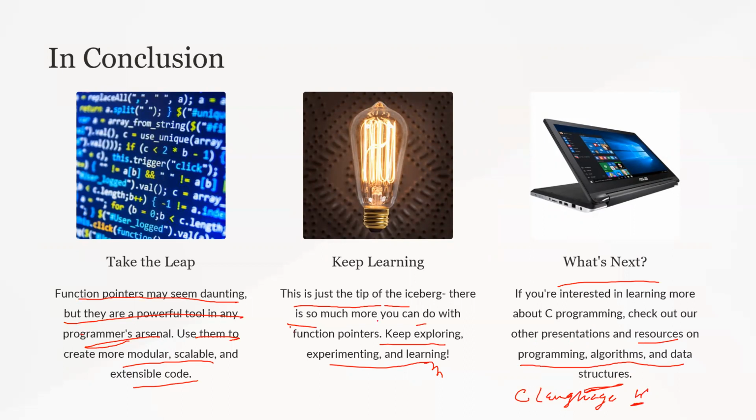This is a building block. Why? Because without functions, what is the point? First comes the pointer, then function pointer, then pointer to an object. So there are multiple things. And using pointers, we can create multiple types of data structures also. Right? So we need to keep on learning this.